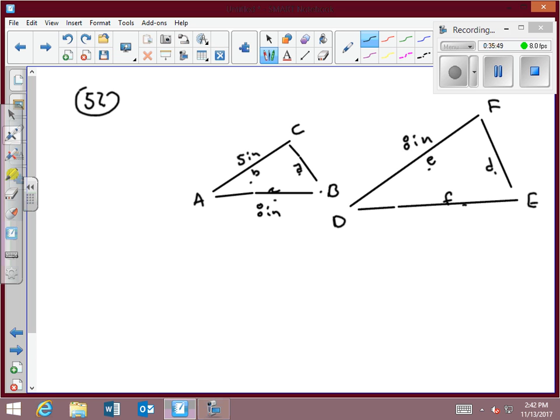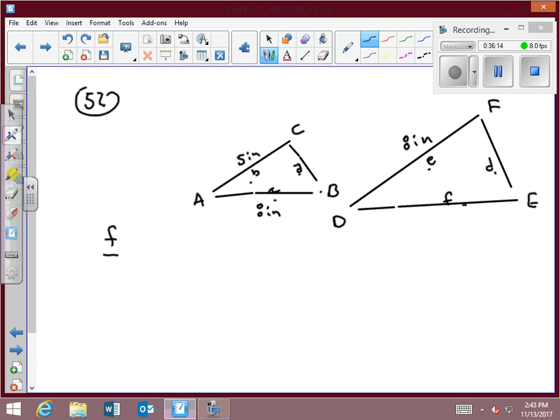So they want to know this length here, which is F. They want to know F. And you have the side 8, E. This is what I'm going to do.